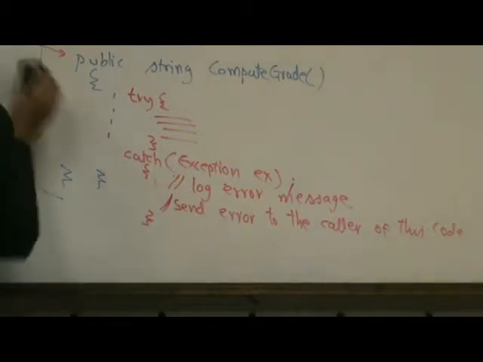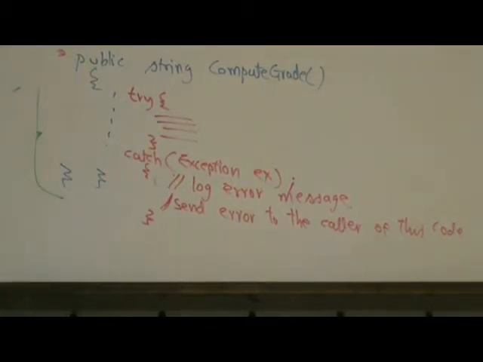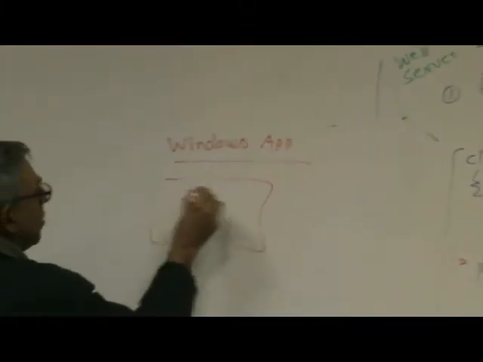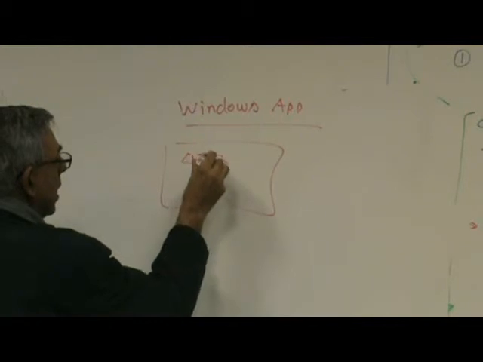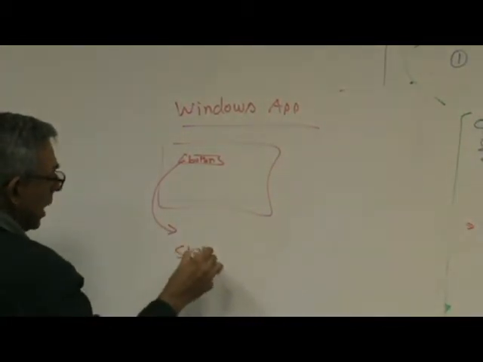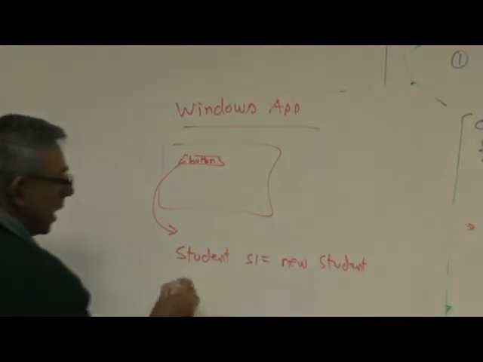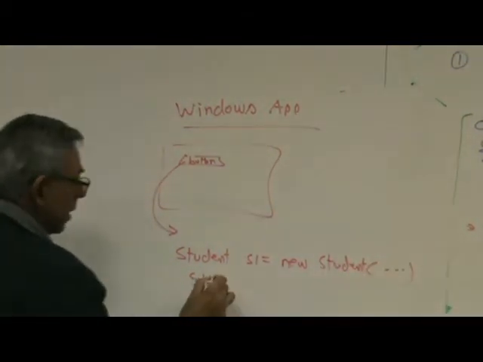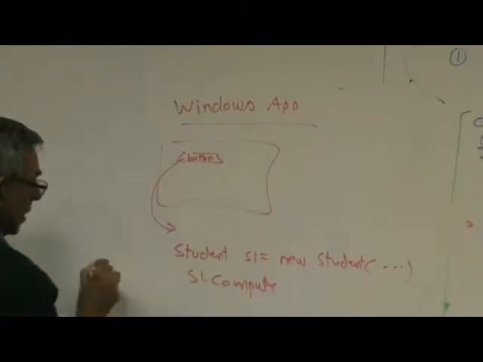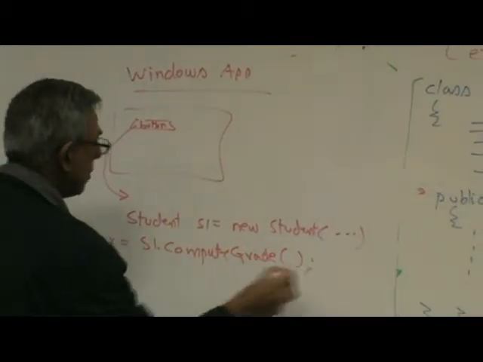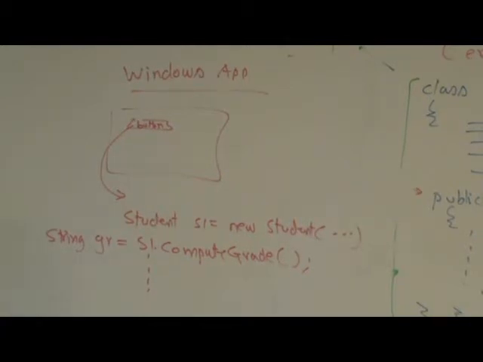Now let's pretend you were creating a Windows application, and somewhere in your form you had a button, and once you click on the button, you were doing something like this: Student s1 equal to new Student, and then s1.computeGrade, string gr equal to that.